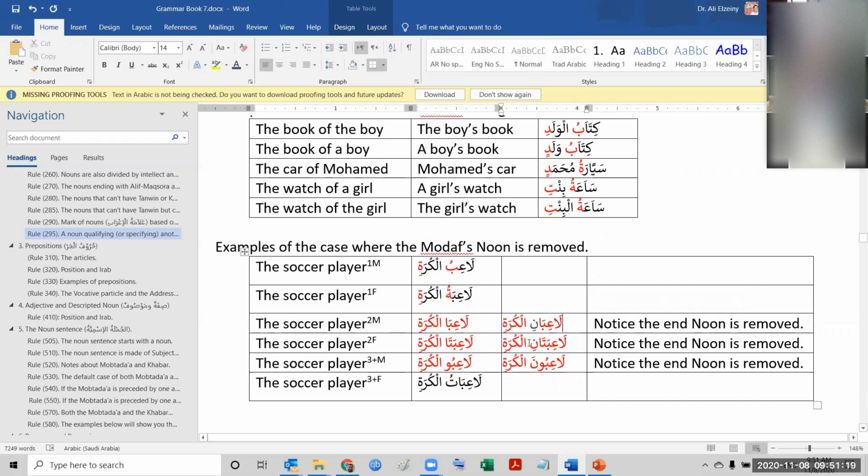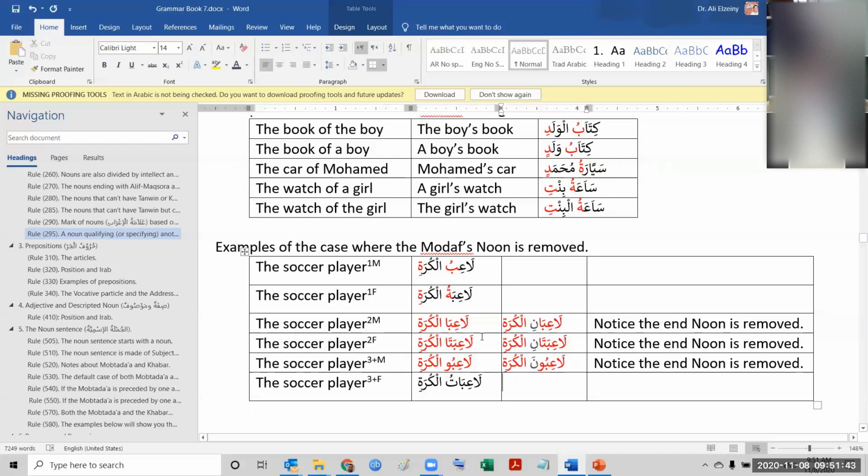What happened is the noon is taken away. Why? Because that's the rule that Arabic likes. Arabic makes the pronunciation of the word easier by removing the noon.